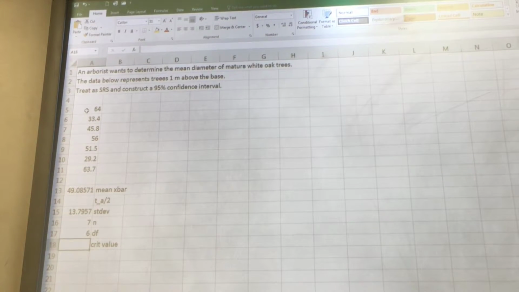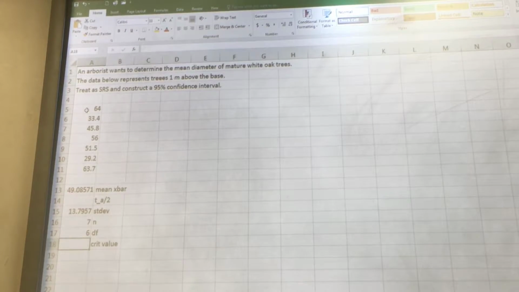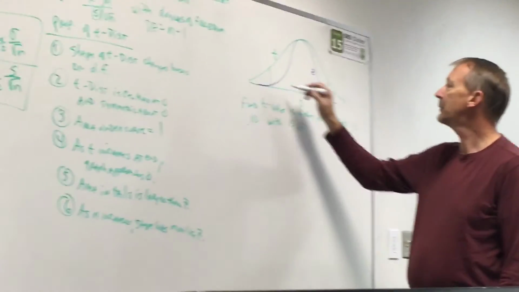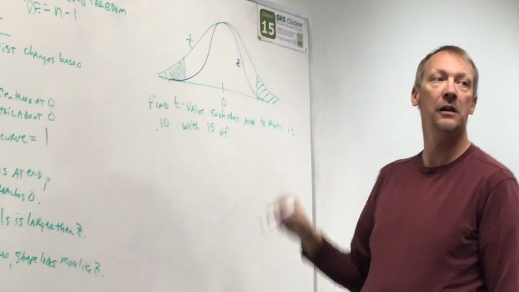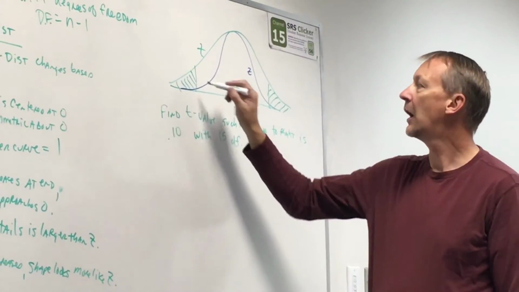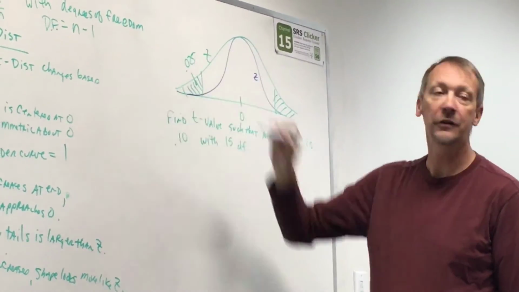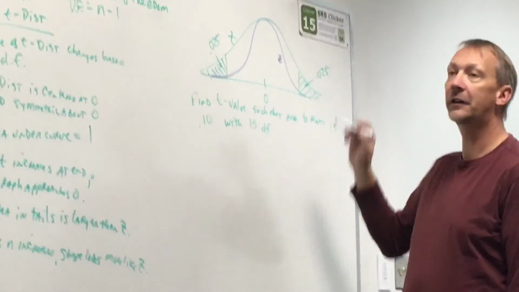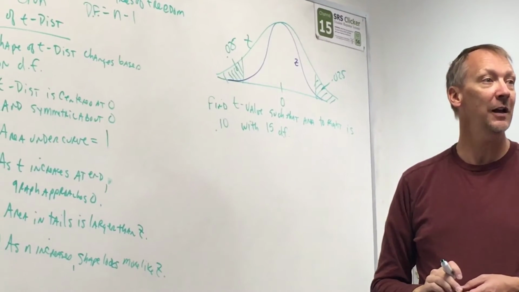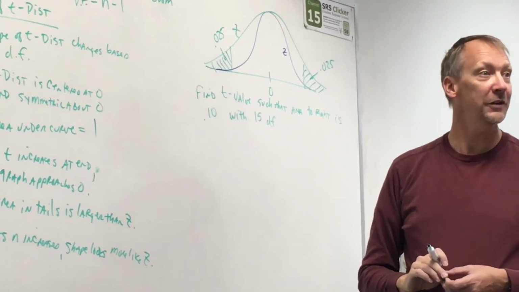I need to find my critical value. Now let's think about this for a second, okay? I've got my T-distribution. If I want a 95% confidence interval, what should be in my tails? I want 0.025, or 2.5%, right? So what column am I looking at on my table? I'm looking at the 5% column?